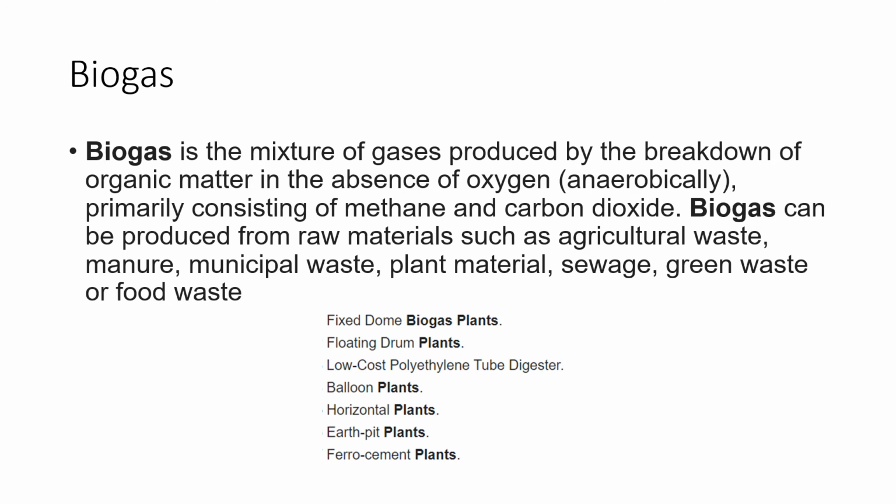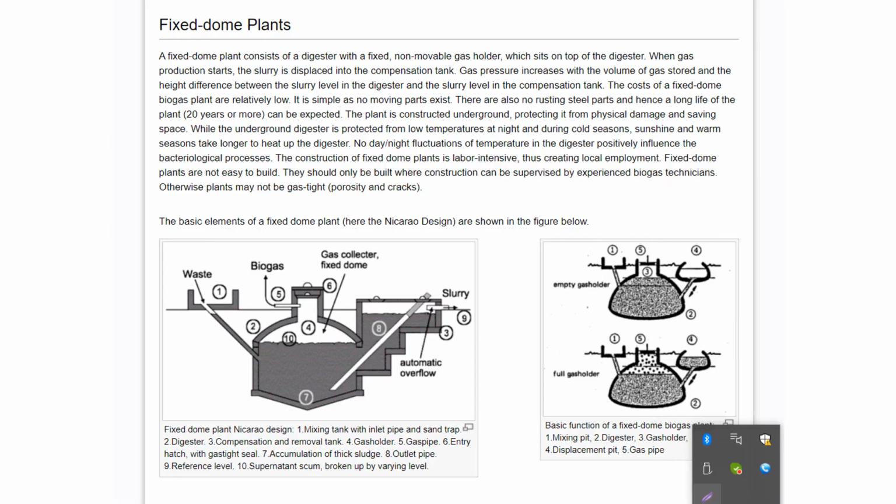A few of them are listed here: fixed dome type biogas plant, floating drum type biogas plant. Then there are other types of biogas plants: tube digester, balloon plants, horizontal plants, earth pit plants, ferrocement plants. We will discuss two types of biogas plants: fixed dome type and floating drum type.